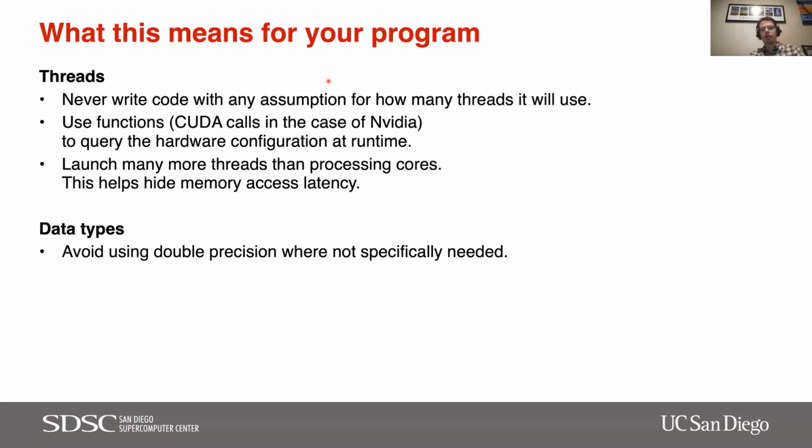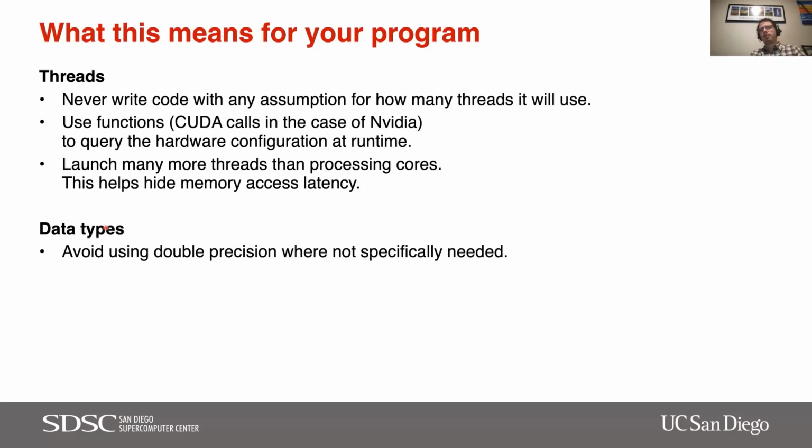At launch time, you determine the type of hardware that you have and how many cores it has, and then you launch. So you use CUDA calls in this case. You can query the hardware configuration of the GPU, and then you launch a certain number of threads, and that typically needs to be many more than the processing cores to help hide memory access latency.